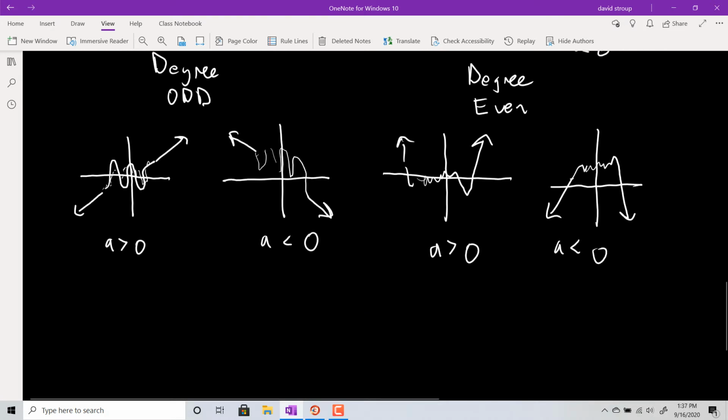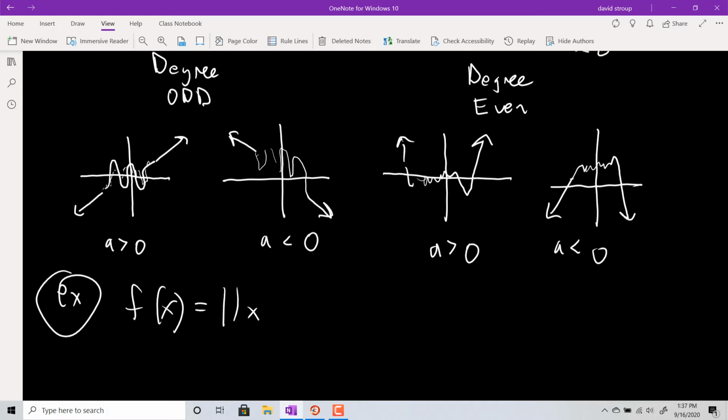Okay, that's the idea. So let's look at maybe an example where they throw you a randomly generated polynomial and you have to figure out its end behavior. First, what is our leading coefficient? I'll just call it a. So a in this case is 11.